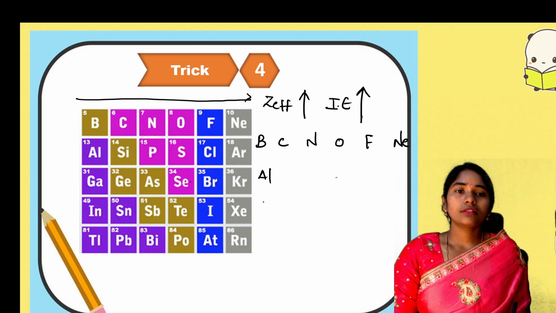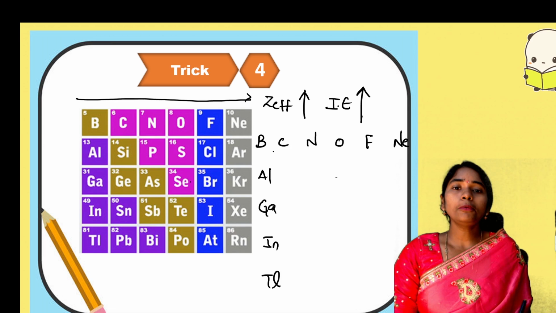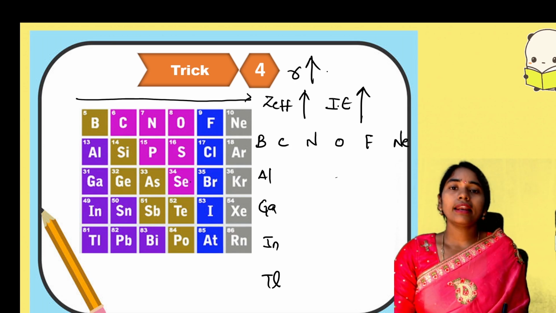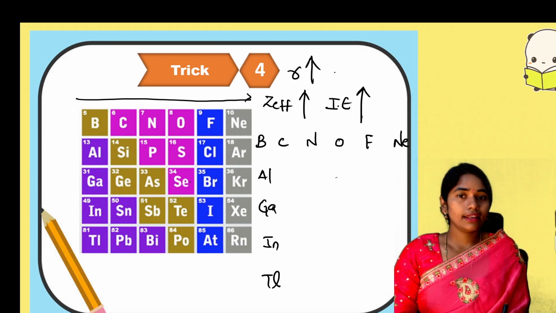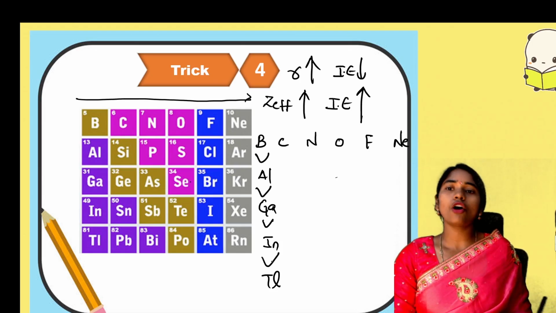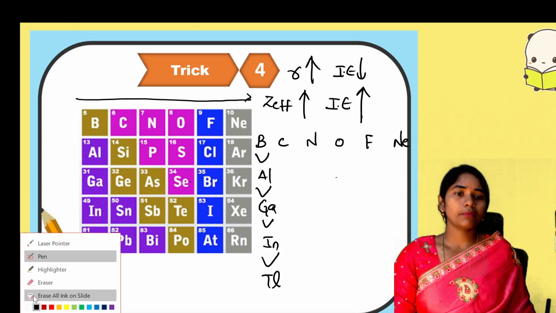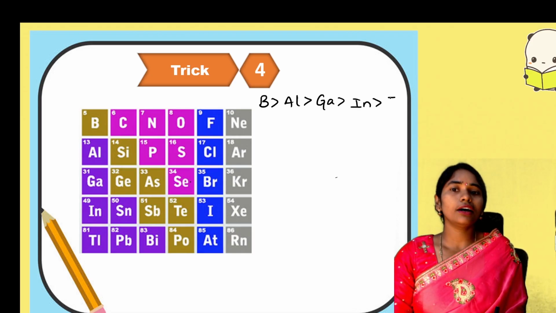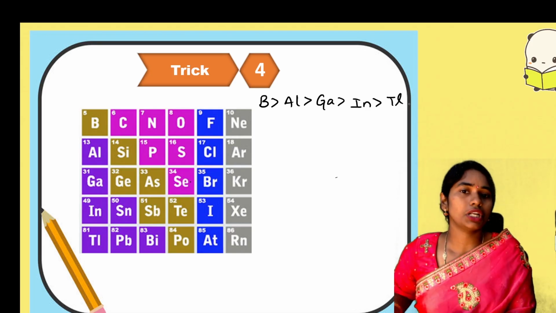Aluminium, gallium, indium, thallium. Top to bottom radius increases. First I will discuss top to bottom. Radius increases, then ionization energy should decrease. This is the order we expect, right? See, again I am writing. We expect boron, aluminium, gallium, indium and thallium. This is the ionization energy trend we expect.